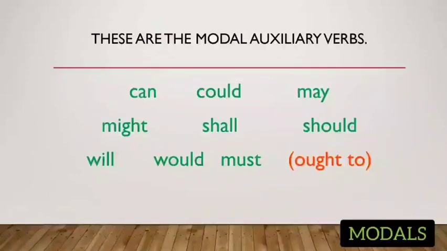Each modal represents a specific meaning, and they have their past forms too: can, could, may, might, shall, should, will, would, and must. There will be no change for must.